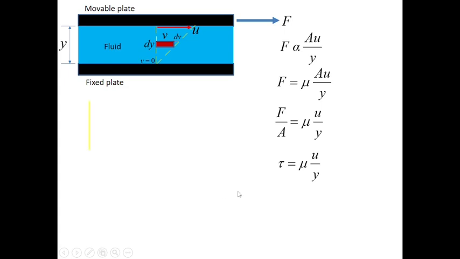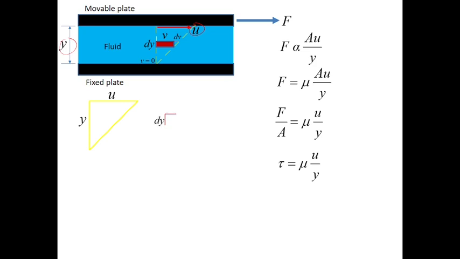Now, consider this. We have y, we have u, okay? So, meron kang y, meron kang u. So, meron kang triangle ngayon. Okay, y and u.